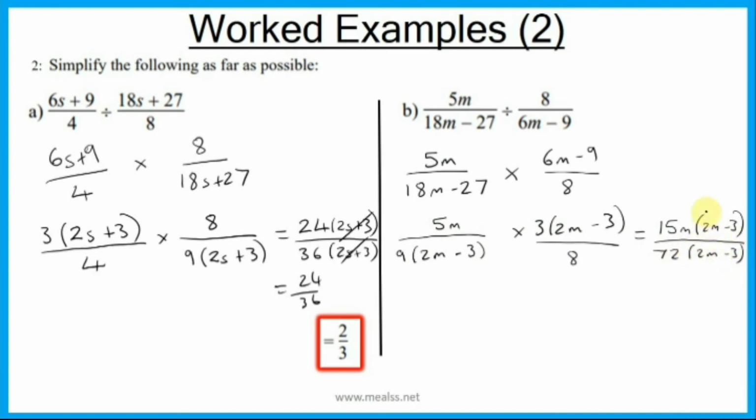Because we've got the same thing in the brackets at the numerator and the denominator, we're going to cancel this out. We're left with 15m over 72, which then we can divide by common factor of 15 and 72, which is 3. So if we divide them both by 3, we get a final answer of 5m over 24.